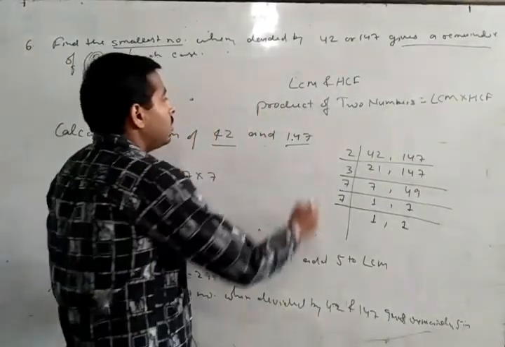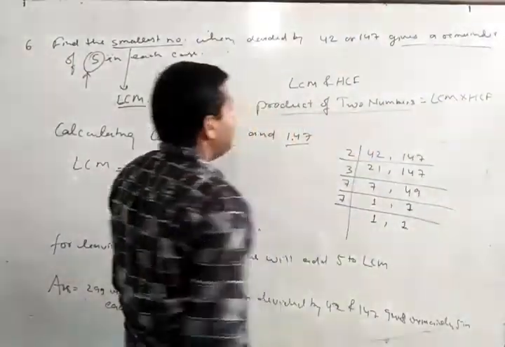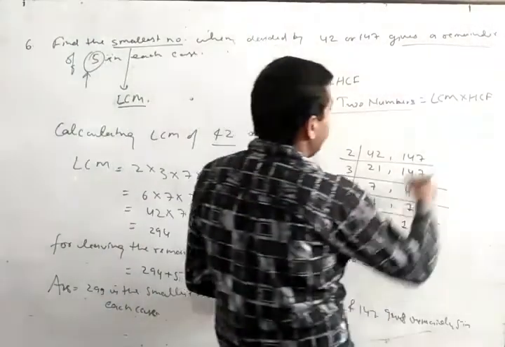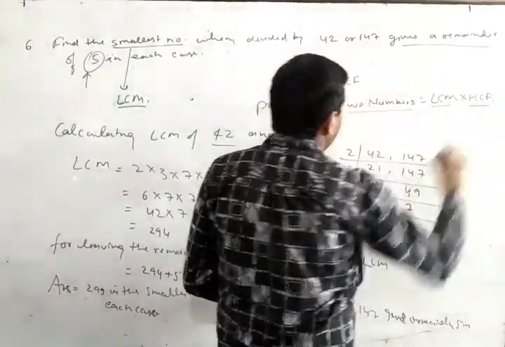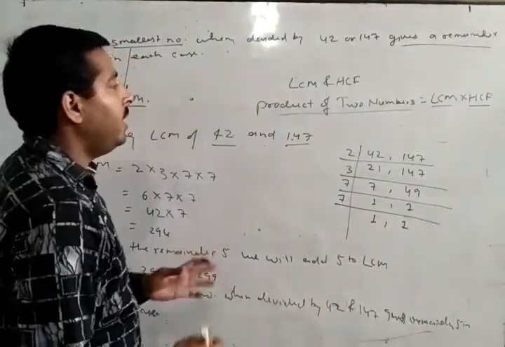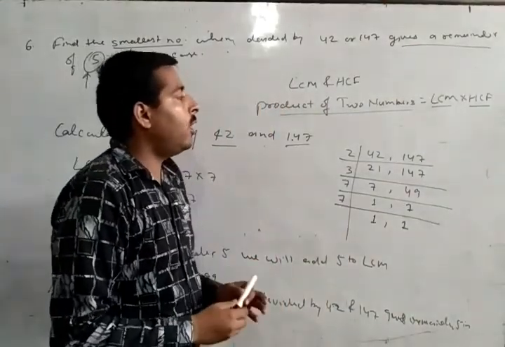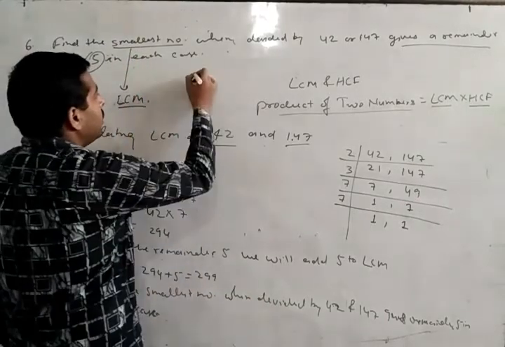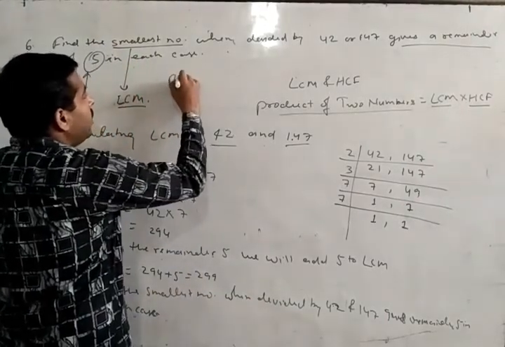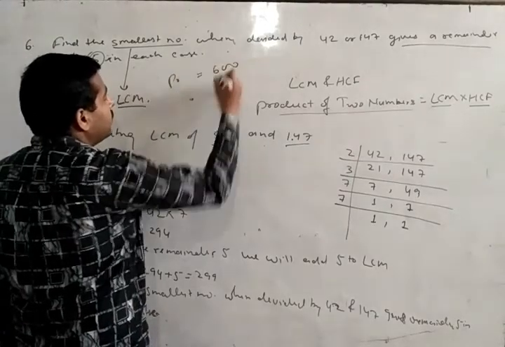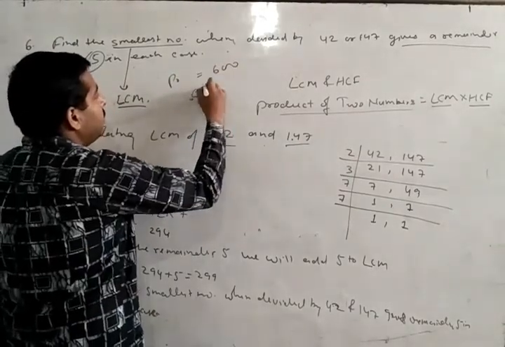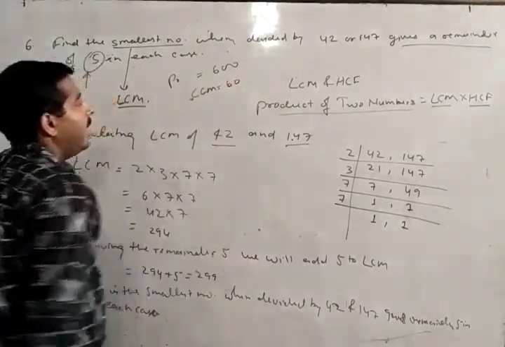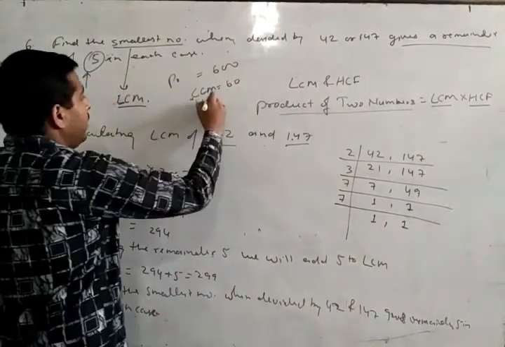Means either you have been given the product of two numbers, or along with LCM or HCF, and you have been asked for one of these numbers. For example, it says the product of two numbers is 600, LCM is 60, and you have to find the HCF.